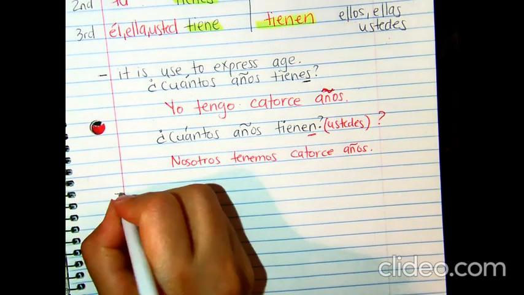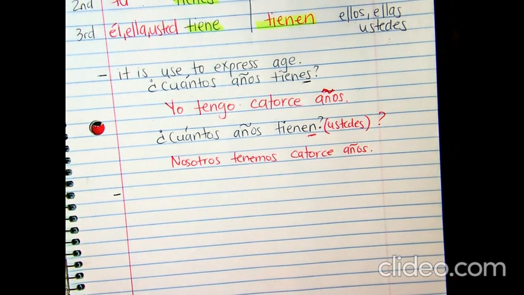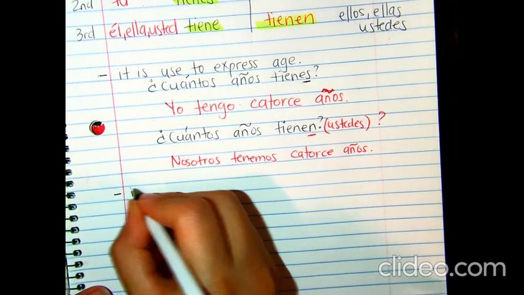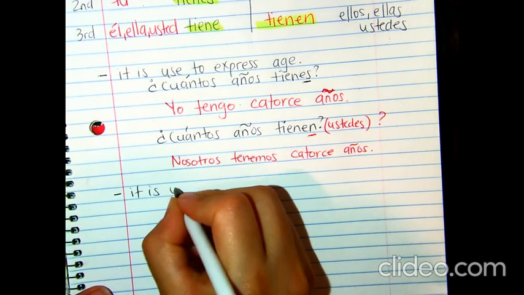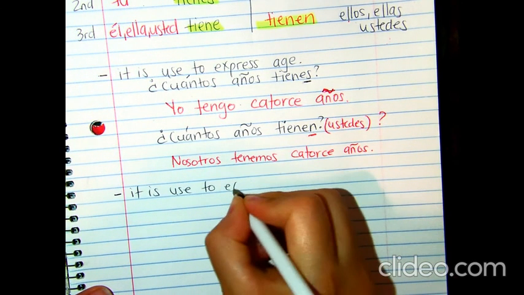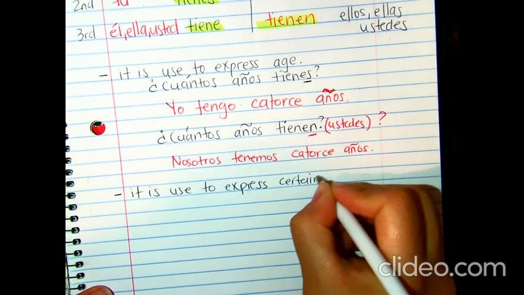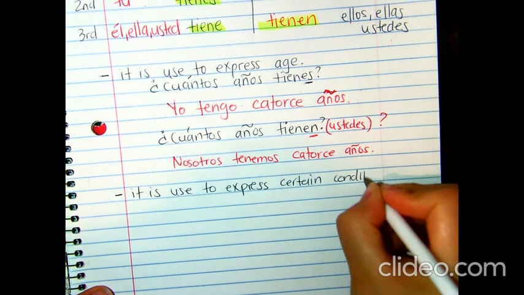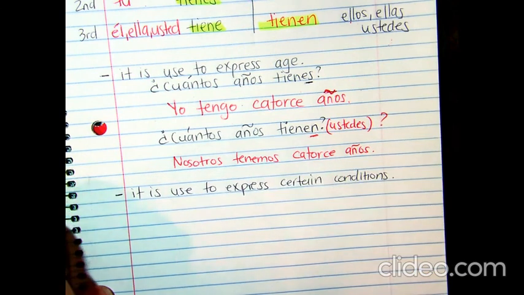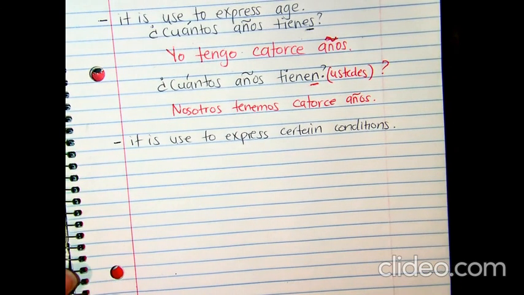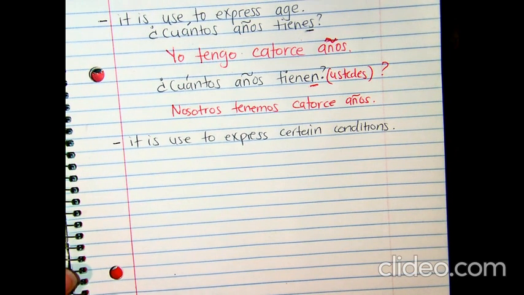Also, the verb tener is used to express certain conditions. All right, and these are going to help you to express more ideas, especially when you're doing your diálogos. This is going to be great.